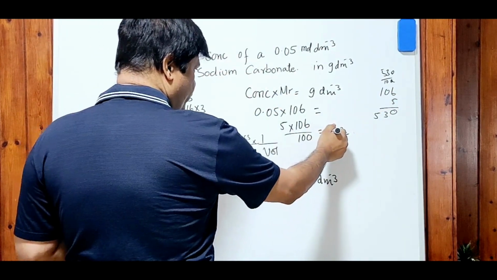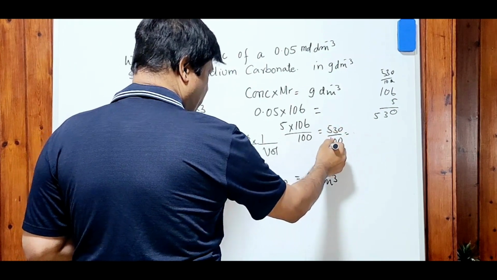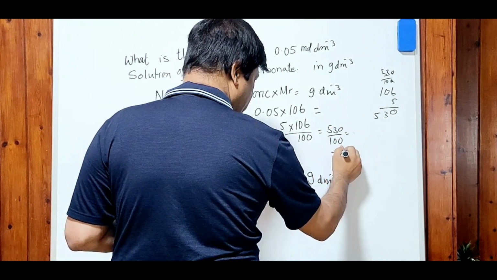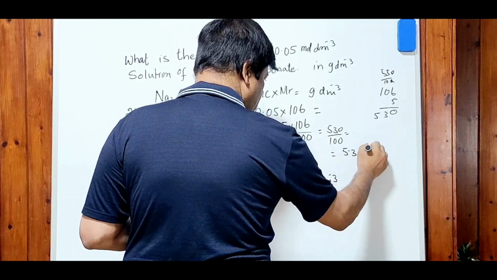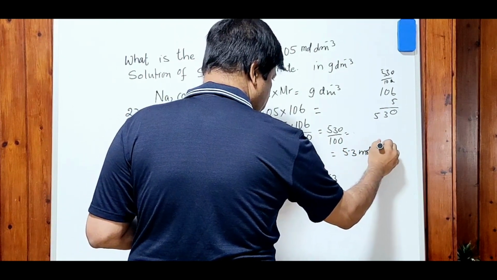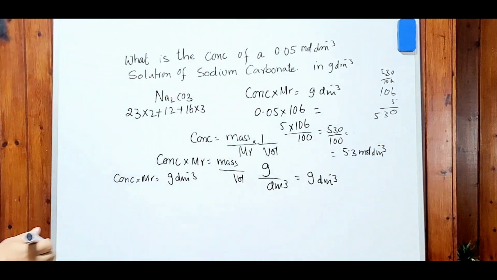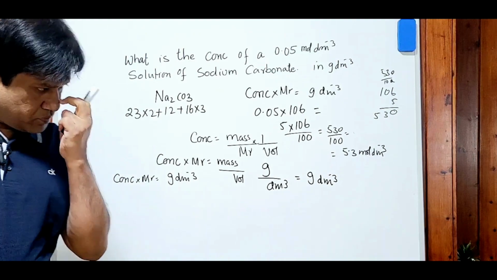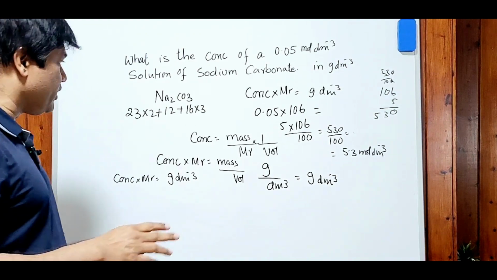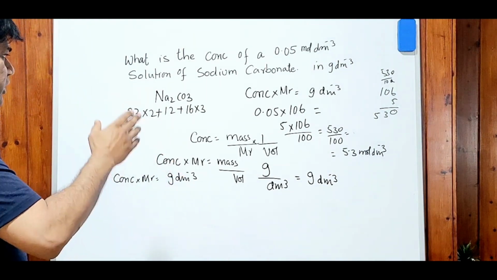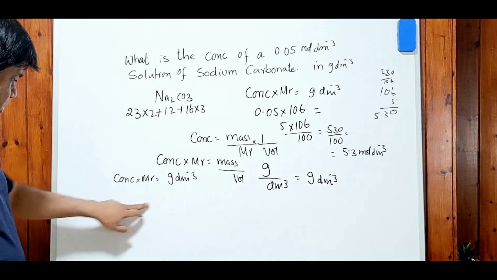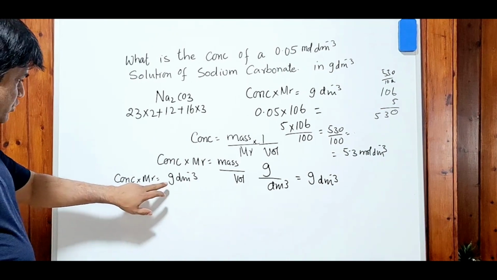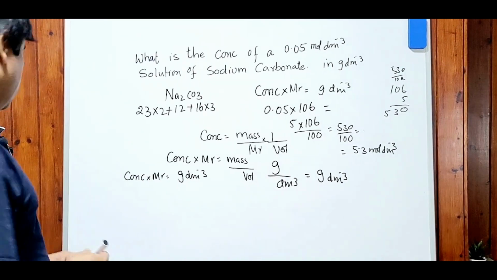So 530 divided by 100 is 5.3 gram per dm cube. Is that okay? Yeah, we will do one more question. So you can change anything from mole dm cube to gram dm cube. The conversion factor is that conc times Mr equals gram per dm cube.